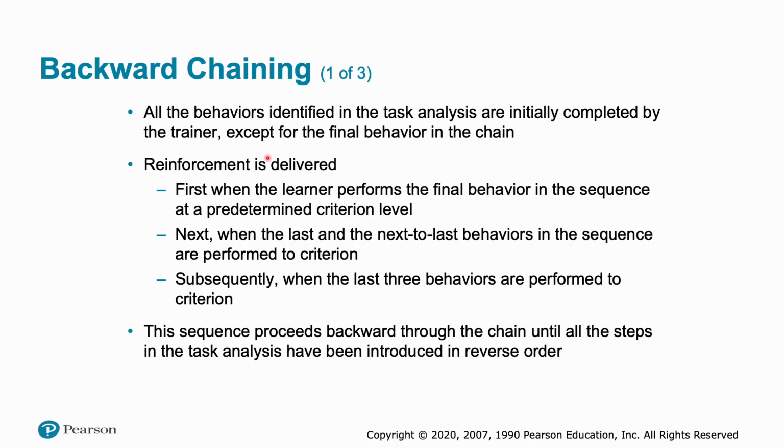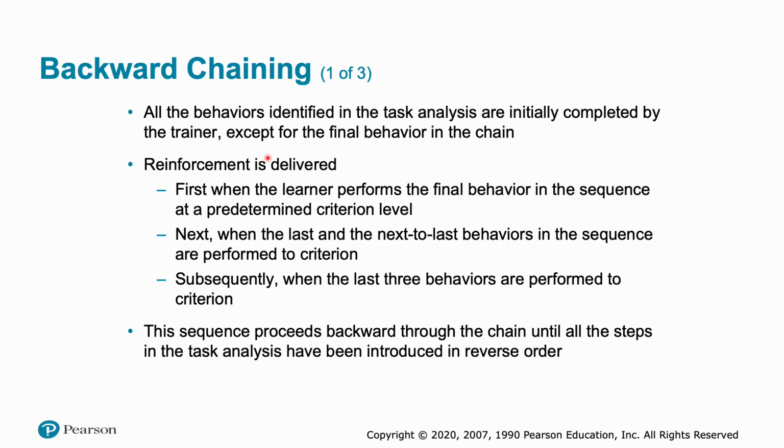All behaviors identified in the task analysis are initially completed by the trainer, except for the final behavior in the chain. I just mentioned that. Reinforcement is delivered first when the learner performs the final behavior in the sequence at a predetermined criterion level, and then next is when the last and the next to last behaviors in the sequence are performed to criterion, which I just mentioned, right? We're going to progressively add in steps, but we're working from the bottom up.